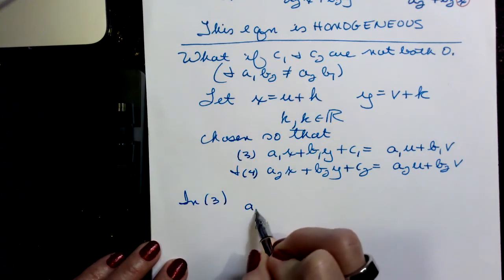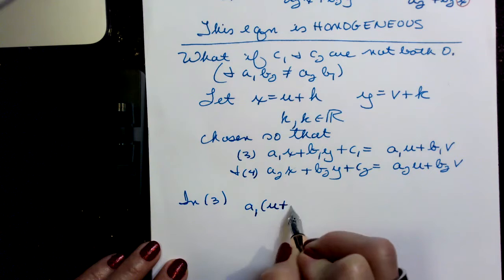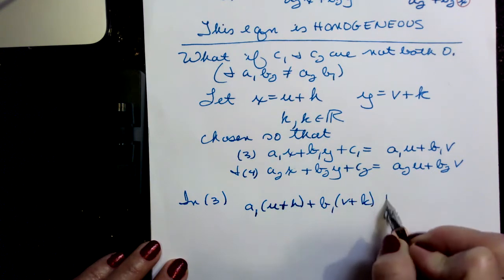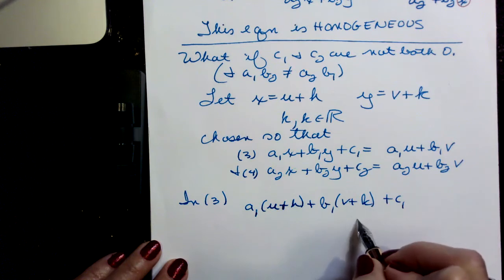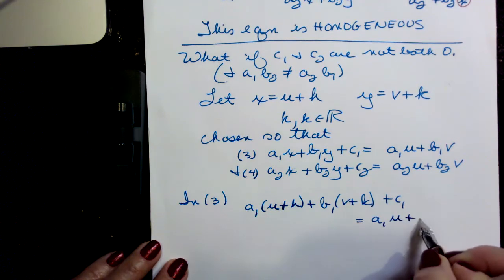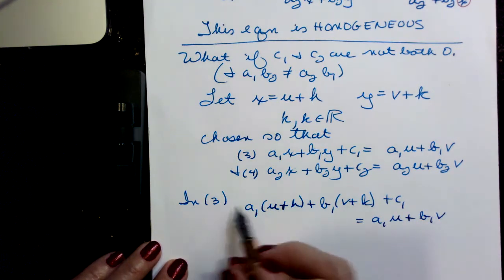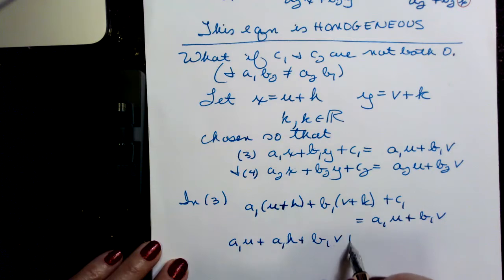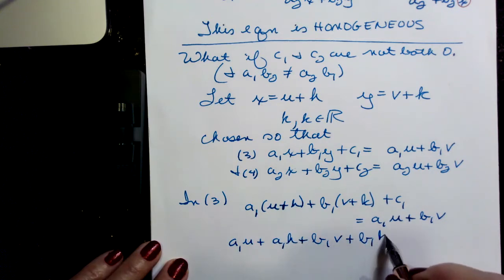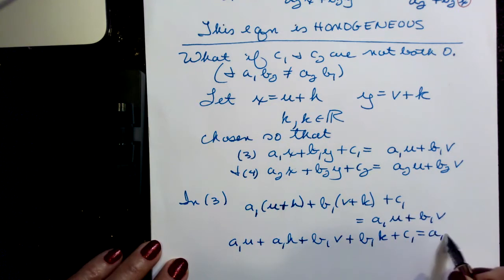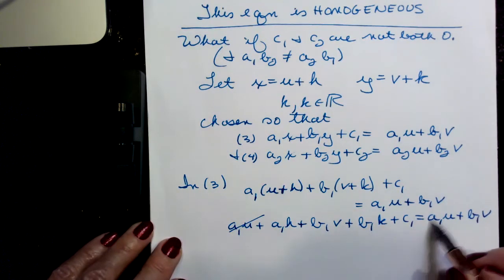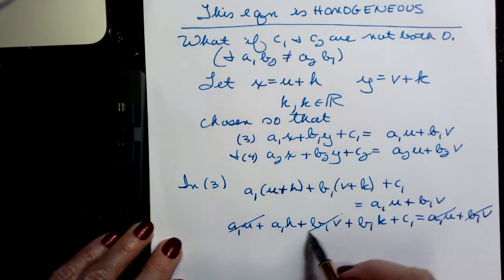We get a1 (u plus h) plus b1 (v plus k) plus c1 is equal to a1u plus b1v. That says a1u plus a1h plus b1v plus b1k plus c1 equals a1u plus b1v. So a1u, a1u, b1v, b1v cancel.